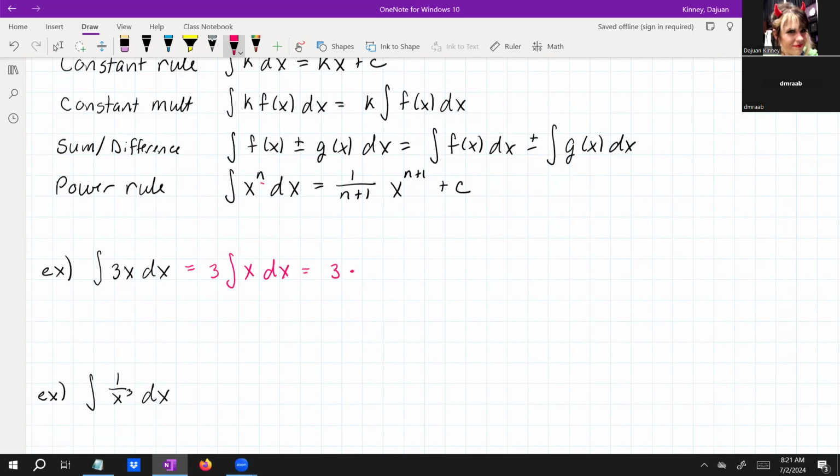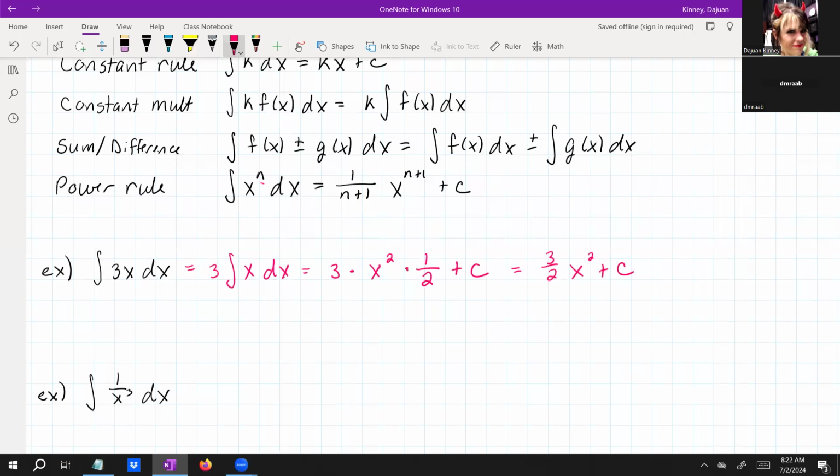My exponent is 1, so I take x, 1 plus 1 is 2, divided by that new exponent, which is 2, plus c. I almost forgot that. I used to get dinged a lot for that. Okay, that is messy, and I don't like it, so I'm going to clean it up a little bit. Combine my constants: 3 halves x squared plus c.